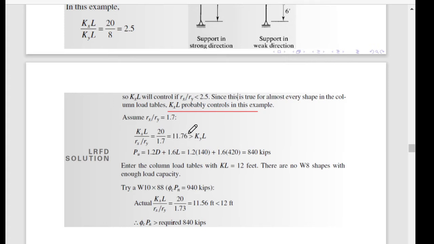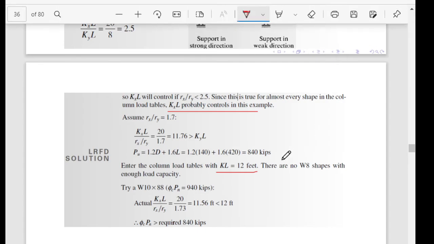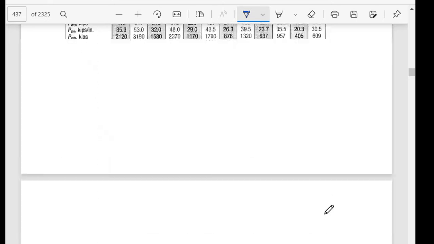Since this is 11.76, and the column load tables do not have this exact value, we round it off to 12. Instead of 11.76, enter the column load tables with KL equal to 12 feet. And there are no W8 shapes with enough load capacity. So we make 11.76 into 12. Then looking at the table, there is no W8. Let's go back to the W8.